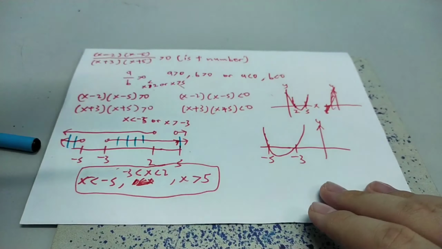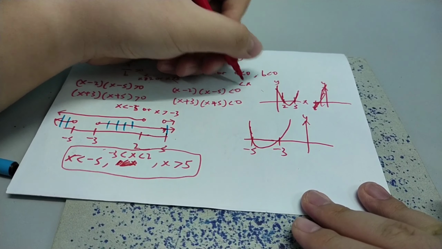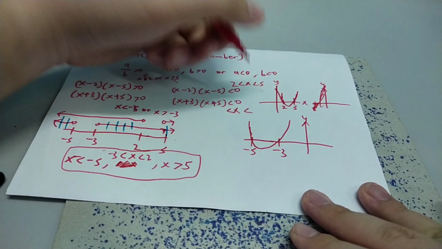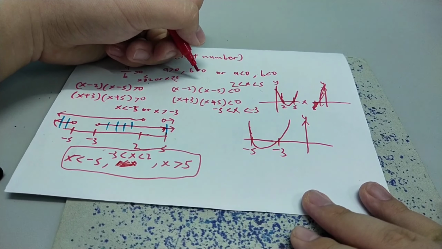Now, for this one, it is really simple because we already got the graph. So x is going to be in between 2 and 5, and x is going to be in between negative 5 and negative 3.